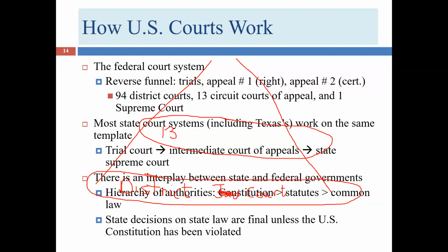Now, the term court is a little bit misleading because there are multiple courthouses in the 13 circuit courts. There's multiple courthouses, so it's not like there's just a few judges in each one of these courts. There's lots of judges in each one of these systems, and so that's where you go for your appeal.